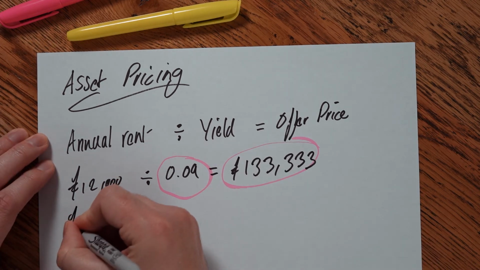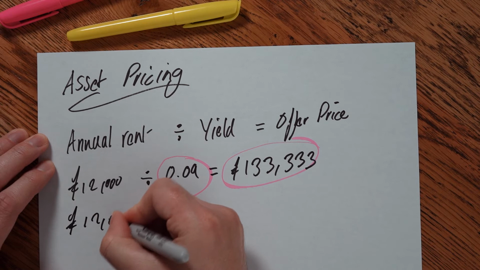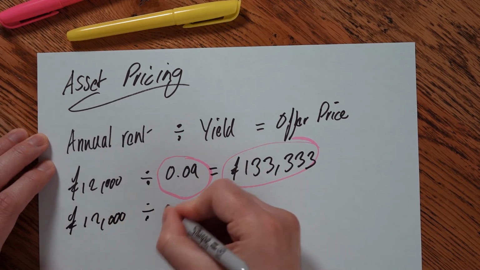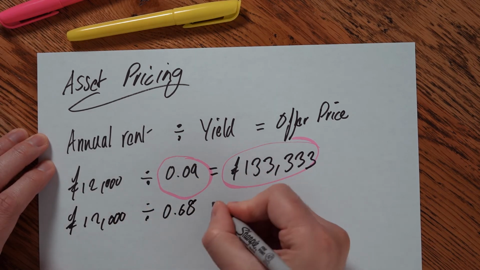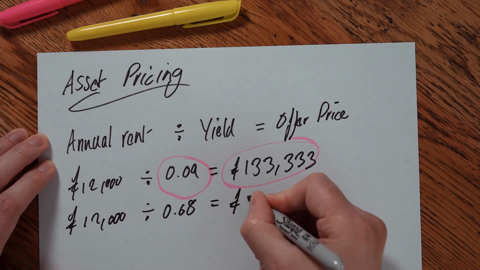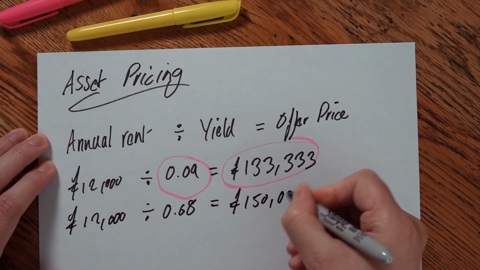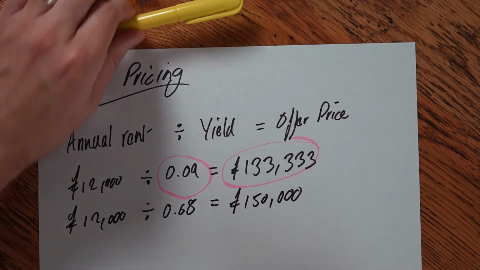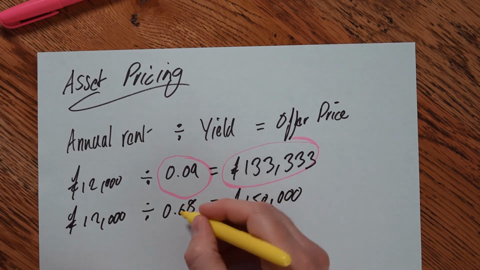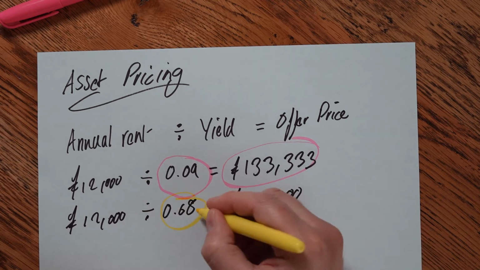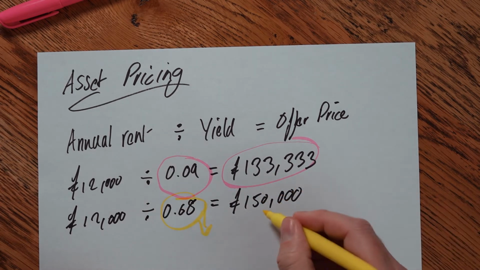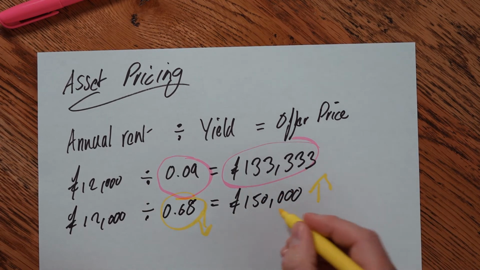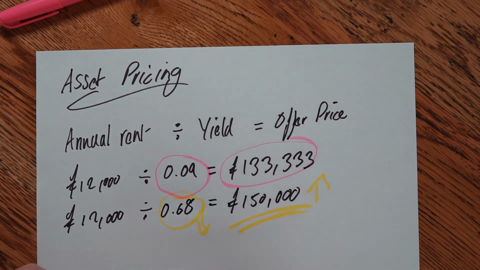So if we were to say we'll value this property based on 8% yield, that would increase the value of this property to £150,000. Because what we're doing here is we're lowering the yield, which therefore increases the price, the value of that property.